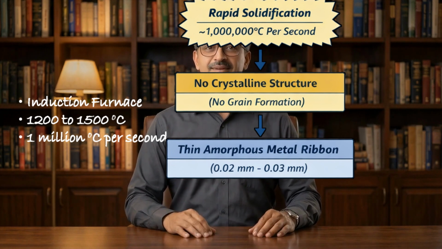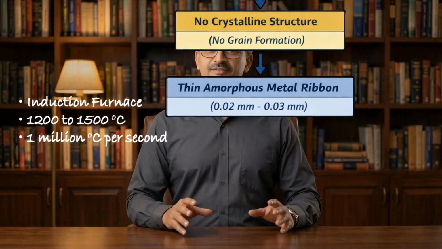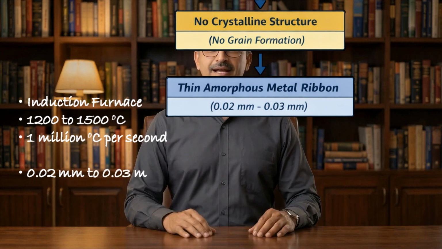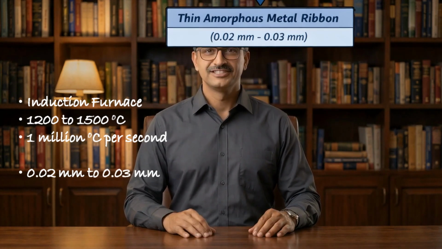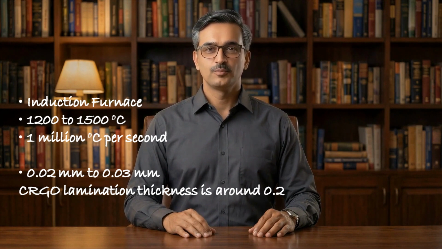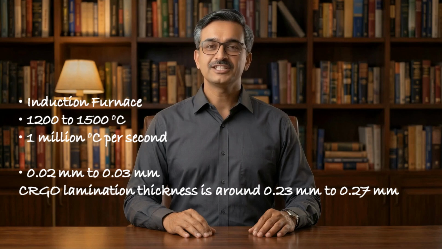As a result, we get a very thin ribbon of amorphous metal alloy with a thickness of about 0.02 mm to 0.03 mm. Now compare this with a CRGO core. CRGO lamination thickness is around 0.23 mm to 0.27 mm. So, the amorphous core is much thinner.